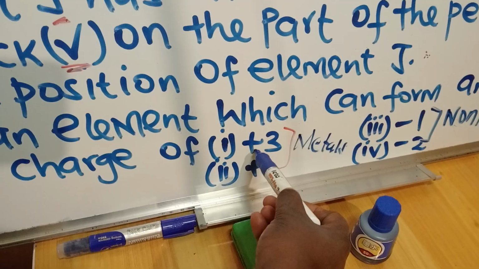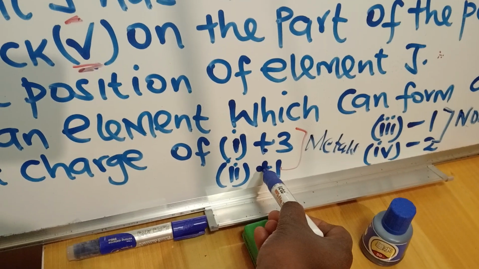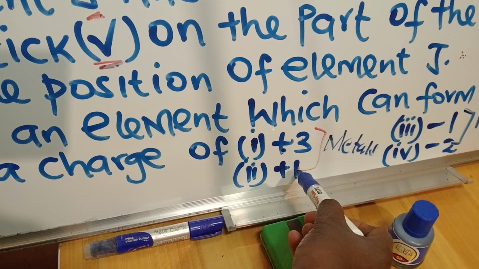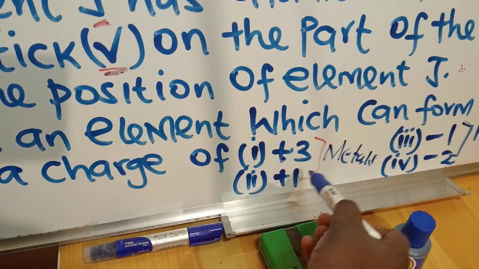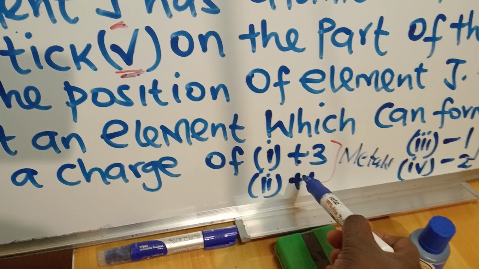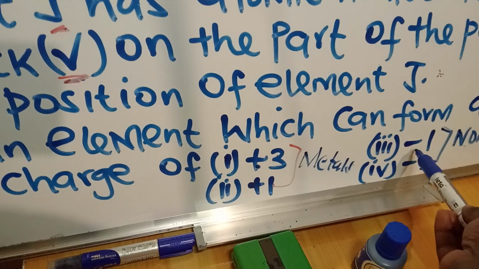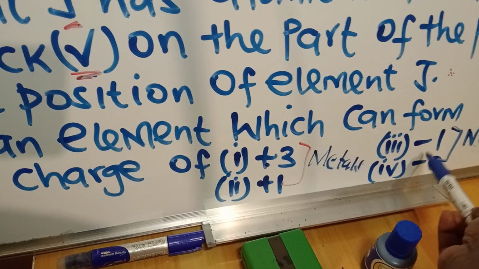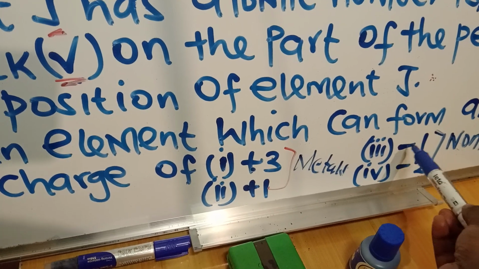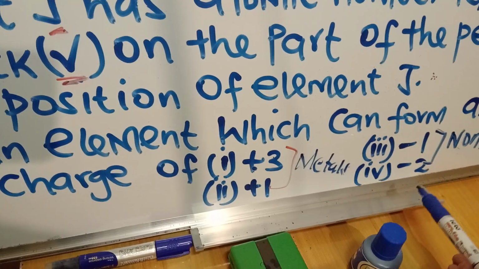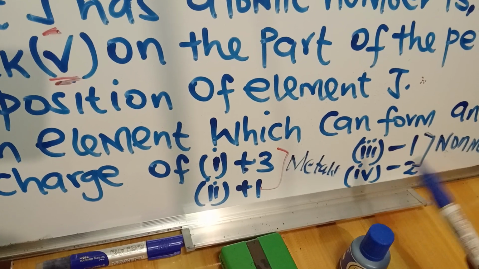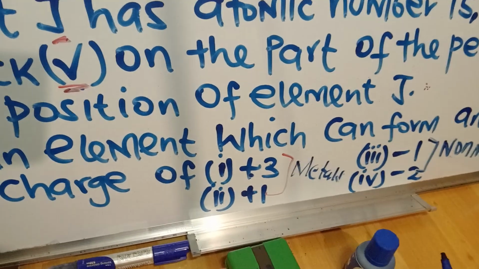When you see a positive charge, another positive charge, just know these are two metals, because metals are the ones that react by losing electrons, meaning that they will have extra positive charges. If you see any element with a negative charge, it means that one is a nonmetal. It got the negative charges from the fact that it reacts by gaining electrons, so it will have more electrons than protons.